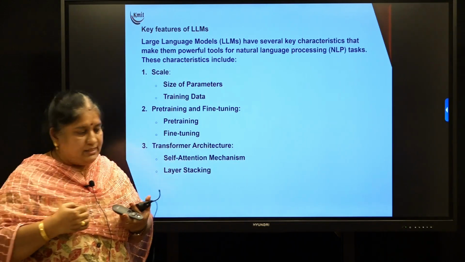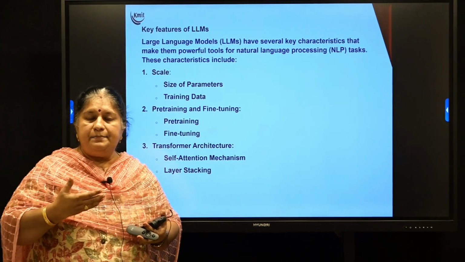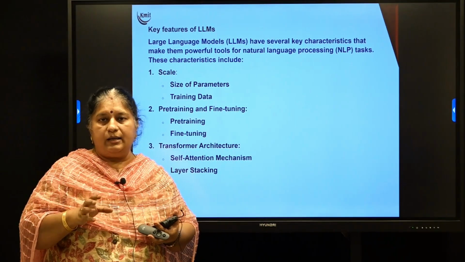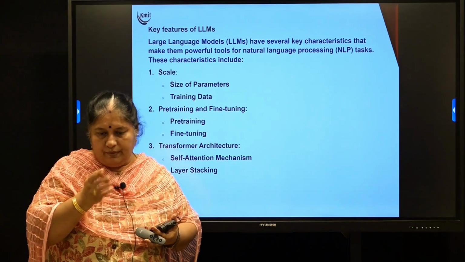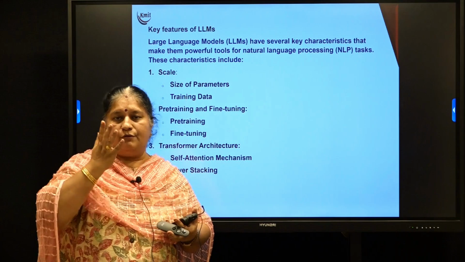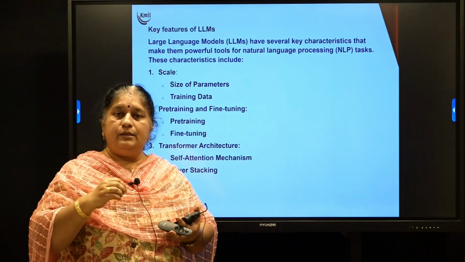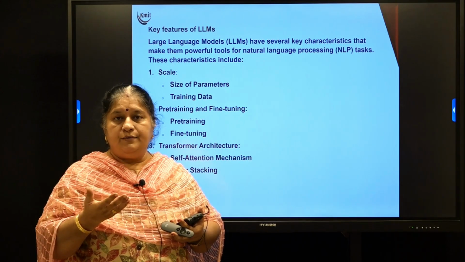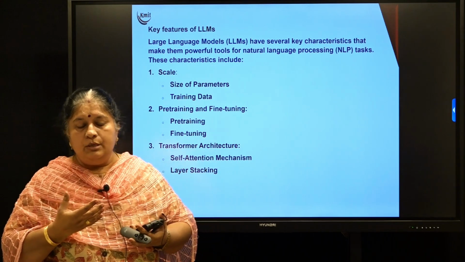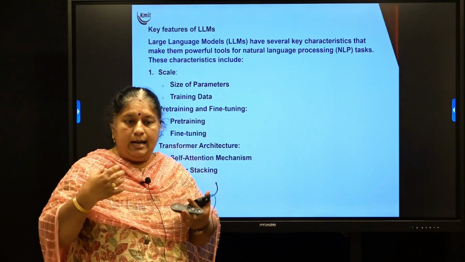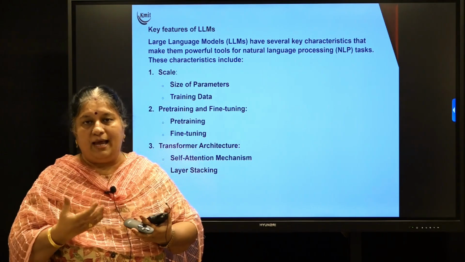Then coming to the next one, layer stacking. This comes with multiple layers. The transformer architecture comes with multiple layers of supervised learning and multiple layers of transformers, wherein it also comes with a neural network feed forward mechanism and it is trying to understand various levels of abstraction of the language.